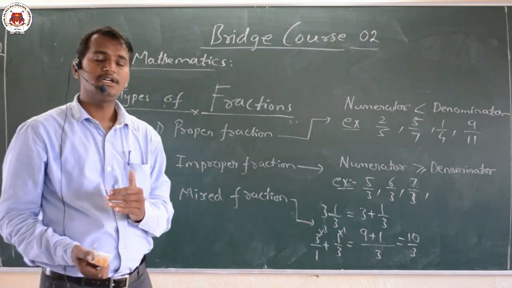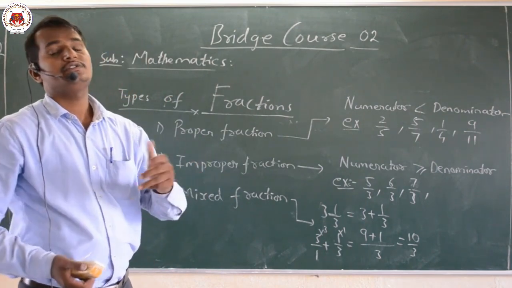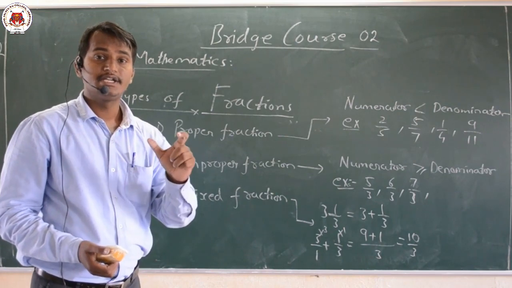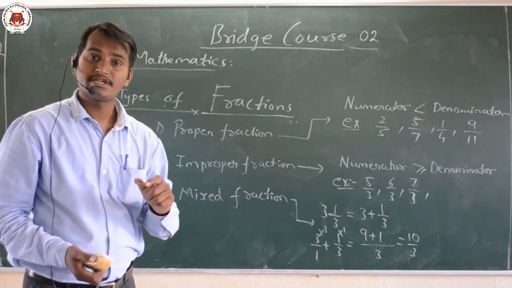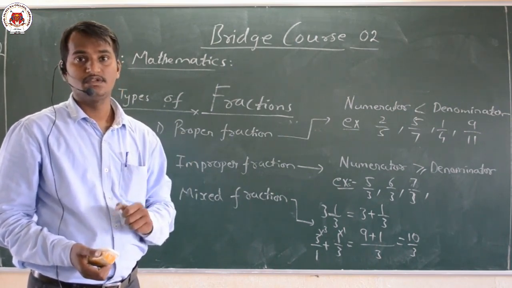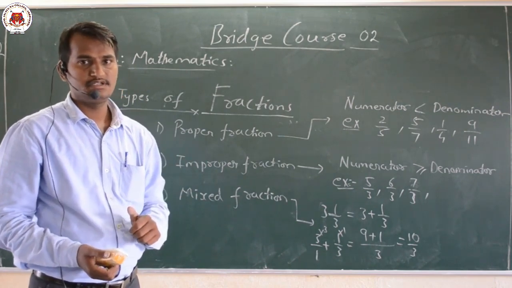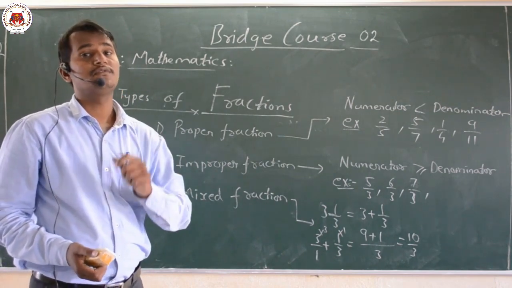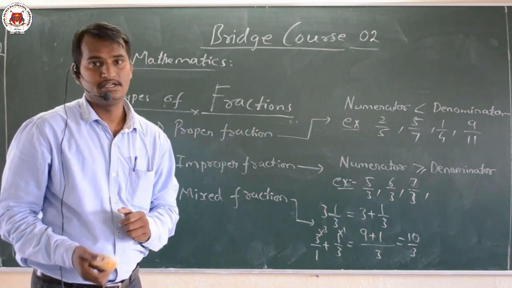Now let us move on to the different arithmetic operations on fractions: addition of two fractions, subtraction of two fractions, multiplication of two fractions, division of two fractions, and at last comparison of two fractions, which we shall discuss now.